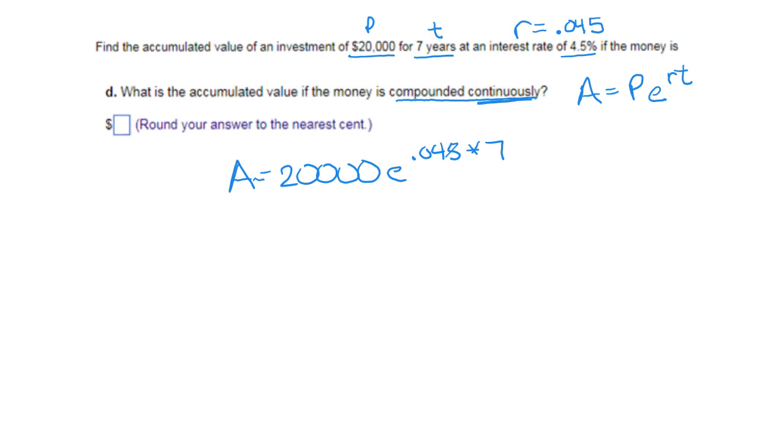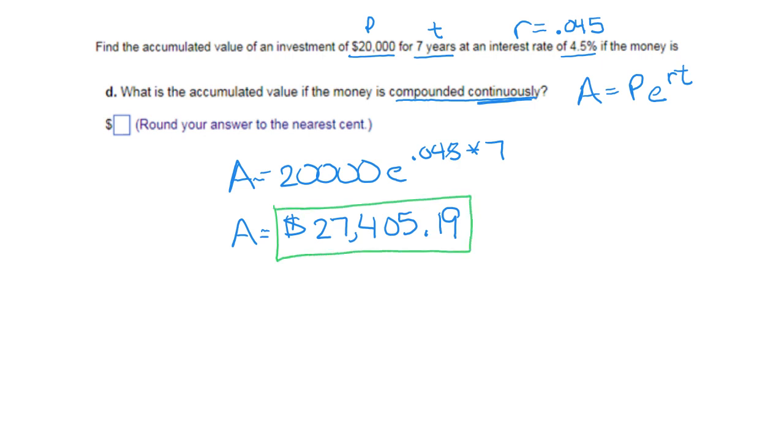And we're going to round to the nearest cent. When you're done rounding, you should get $27,405.19. And this would be the future value, which is much higher than all the other compoundings that we did, because this one compounds continuously.